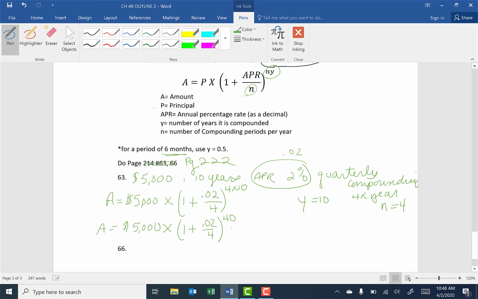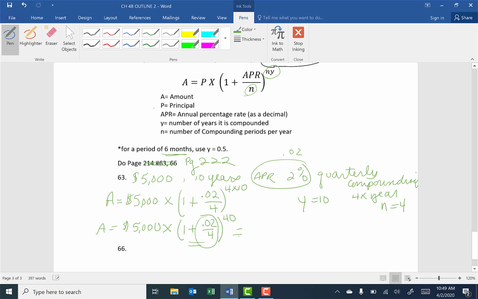The easiest way to do these in your calculator is to start from the inside and do 0.02 divided by 4. You will get a decimal of 0.005. Then add 1 to that, and we get 1.005.